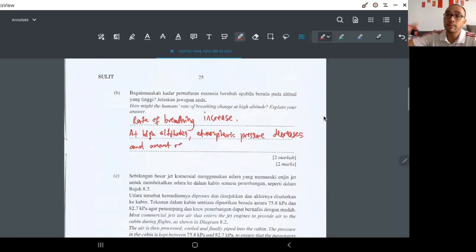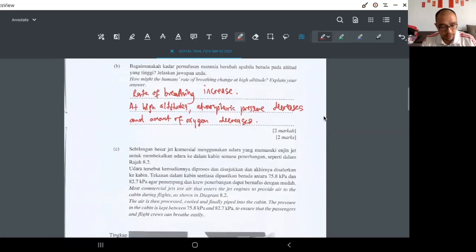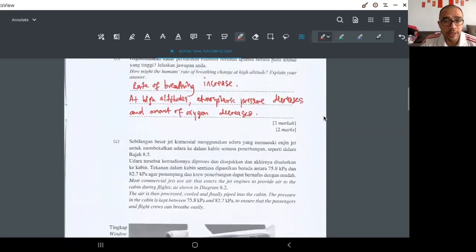When there's less atmospheric pressure, there's less oxygen, so you need to breathe more. You need to breathe more in order to get the same amount of oxygen so that your body can function. Okay, all right. Now, let me quickly finish this.